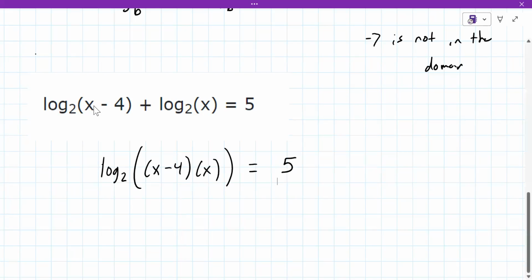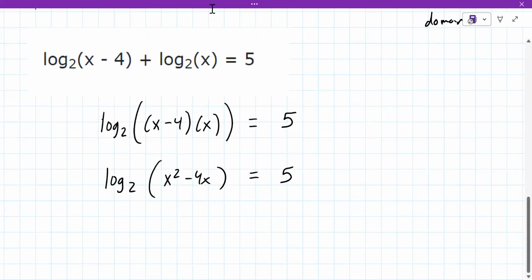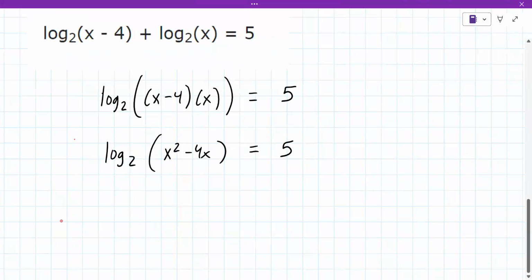So the things that we're taking the log of, they multiply together. And this becomes log base 2 of x squared minus 4x, just multiplying that x into both, the 4 gives 4x, x times x is x squared. And then I think we started to do this. It's 2 to the log base 2, 2 to the 5th.